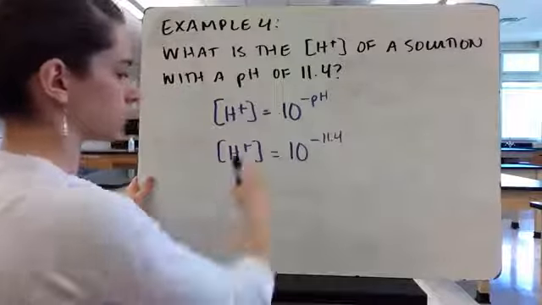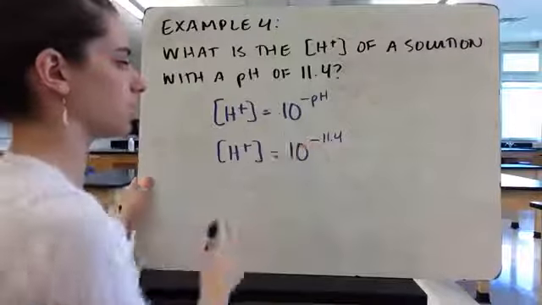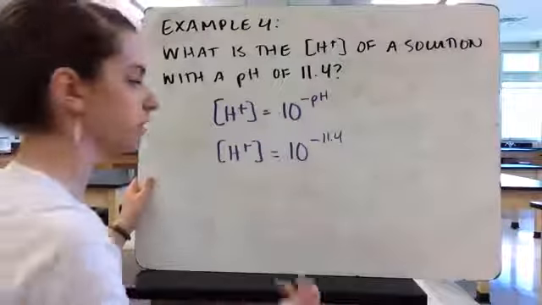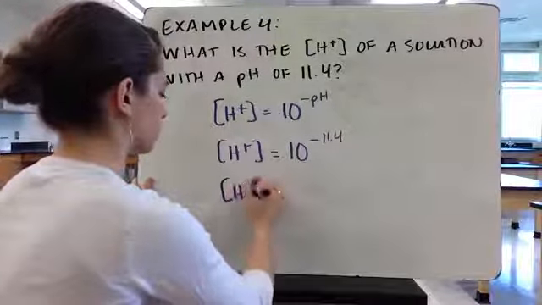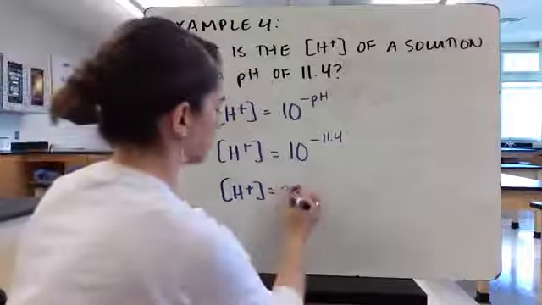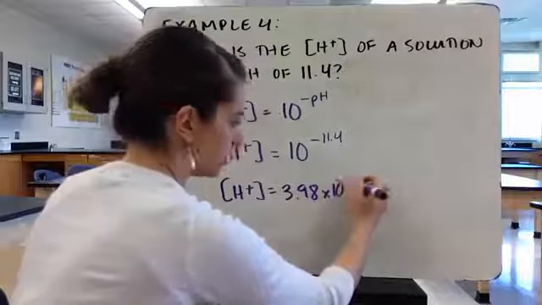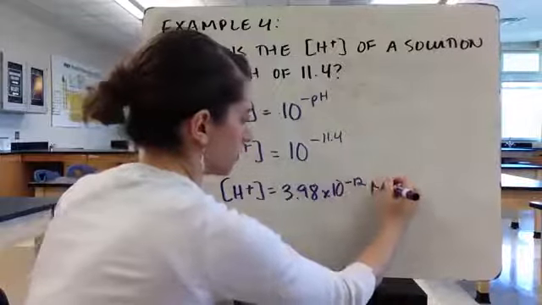When you type that into your calculator, 10 to the negative 11.4, so either the caret or if you hit second log, it will do the same thing. Leaves us with our hydrogen ion concentration is equal to 3.98 times 10 to the negative 12 molar.